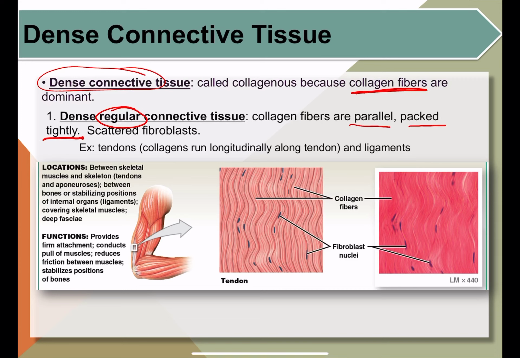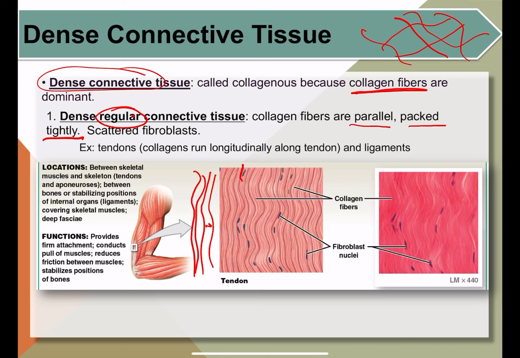Okay, so that's why it's regular, because they're all in wavy lines like this, nice and next to each other. Remember areolar tissue, the collagen fibers were kind of like this all over the place. Okay, there's no specific pattern. Well, regular is what tells you that there's a pattern to it, and they are lined up parallel against each other, just like this, and they're packed very tightly next to each other. So that's why there's a keyword there, dense.